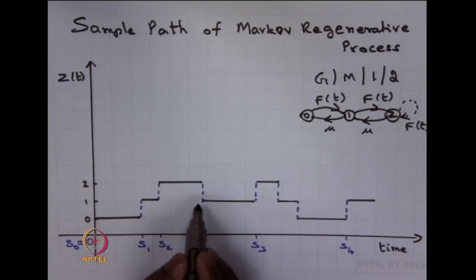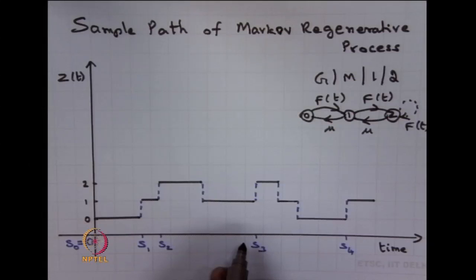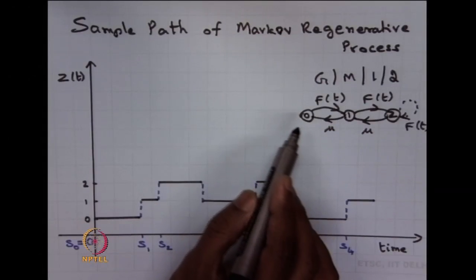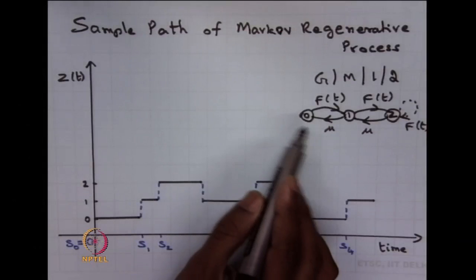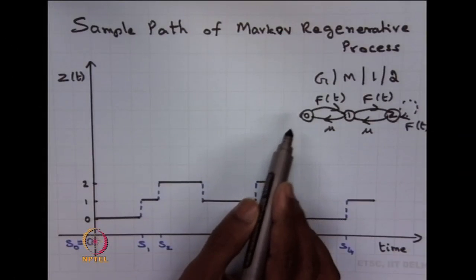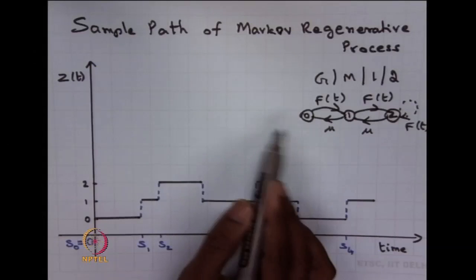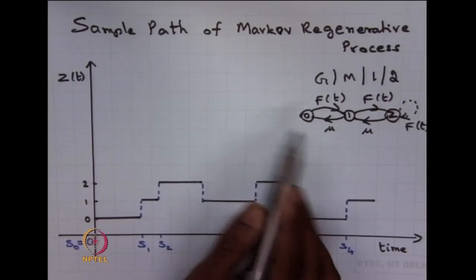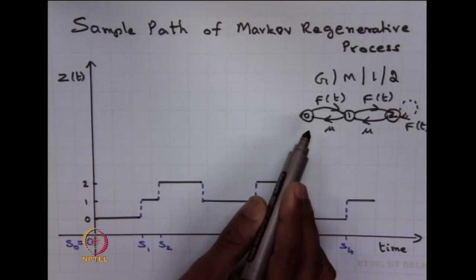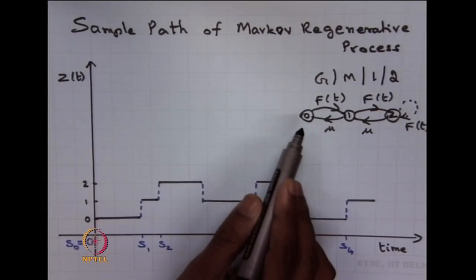at the time of service completion epochs, still we should know how much time has elapsed for the next arrival, because the inter-arrival time can be any distribution, not an exponential distribution. If it is exponential distribution, then the memoryless property is satisfied. Therefore, the residual, elapsed, or remaining inter-arrival time is also exponential if inter-arrival times are exponentially distributed.